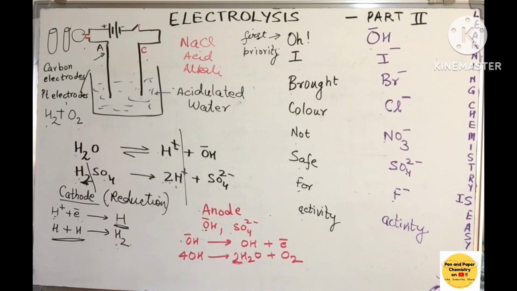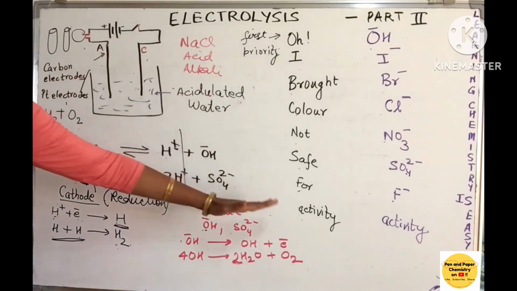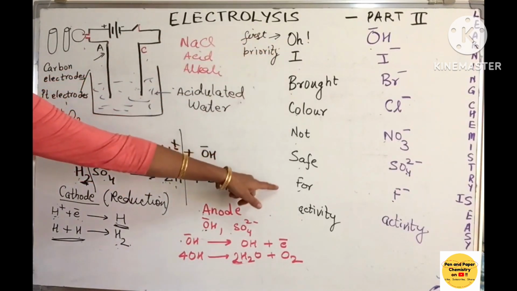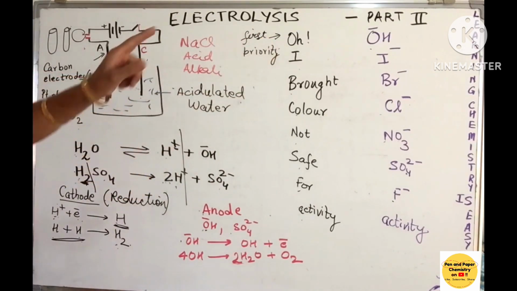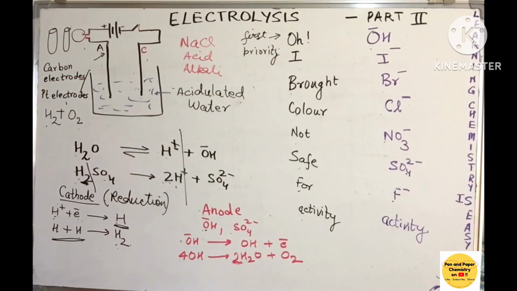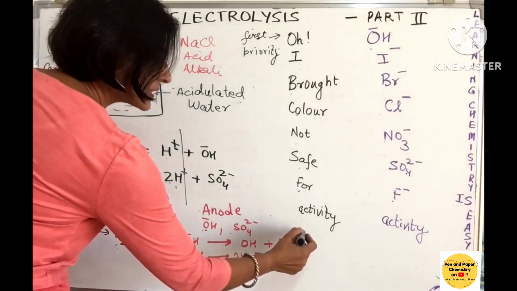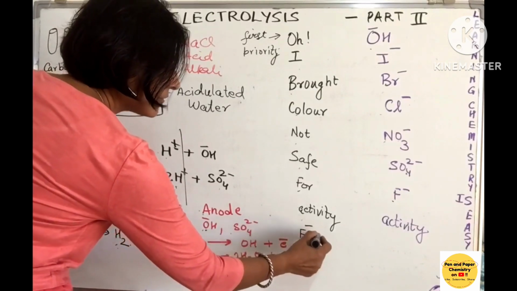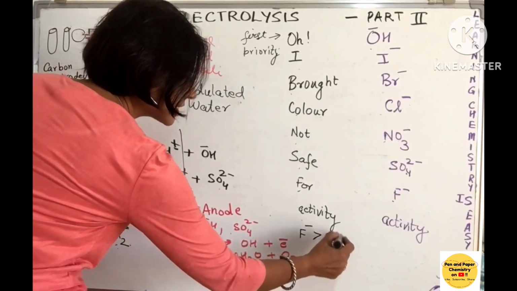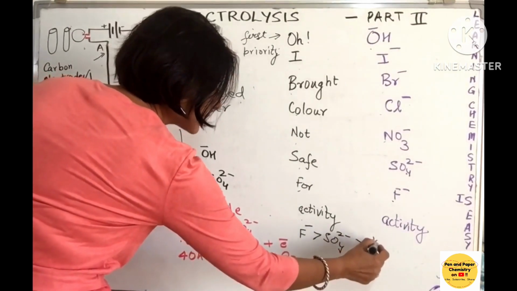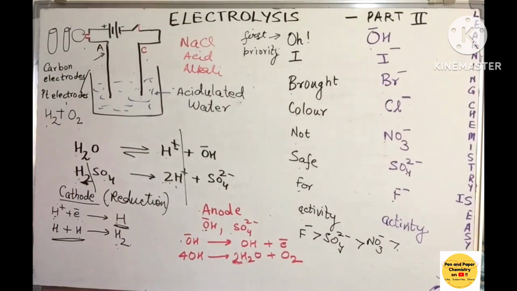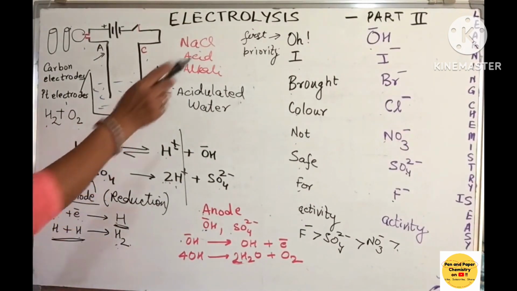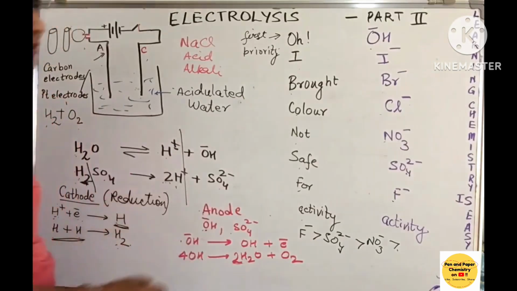In most of the books, you will find the series listed in the opposite order. You'll find fluoride, sulfate, nitrate, chloride, bromide, iodide and hydroxyl. But you have to remember that it is the direction of the series that will make a difference. If you are writing it as F negative, SO4 2 negative, NO3 negative, now this is the stability order, right? But what I am listing it as is the discharge order, right?